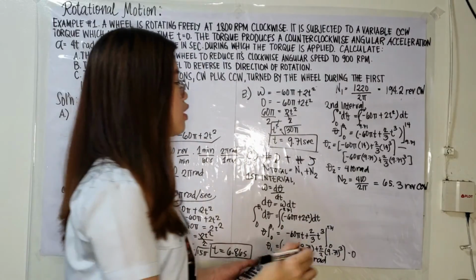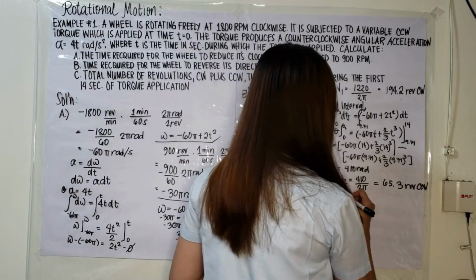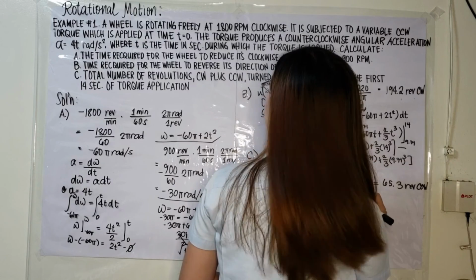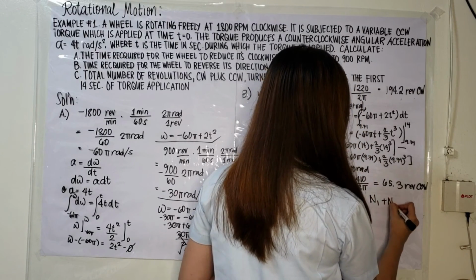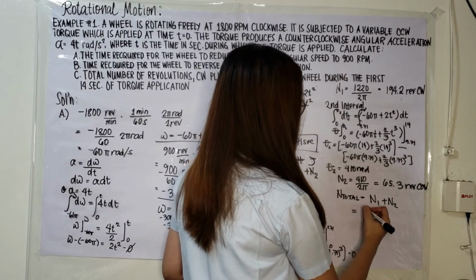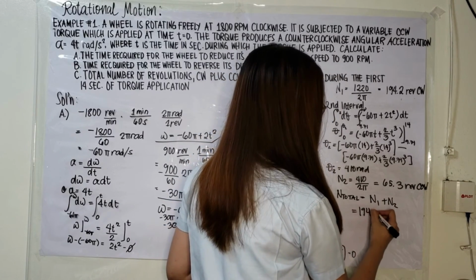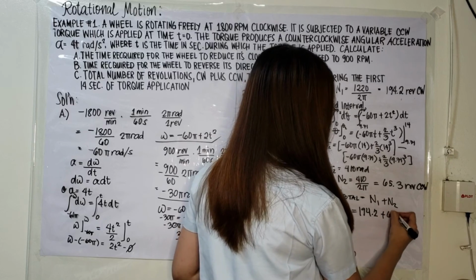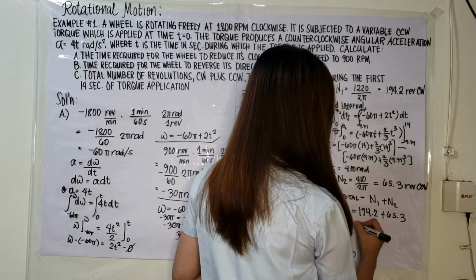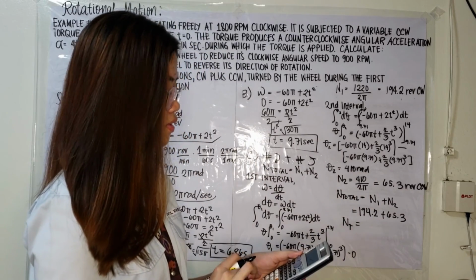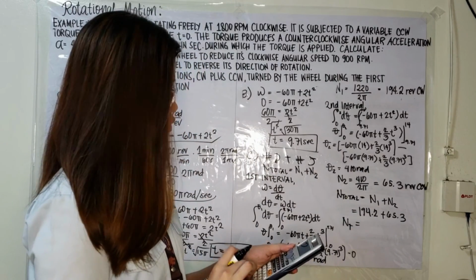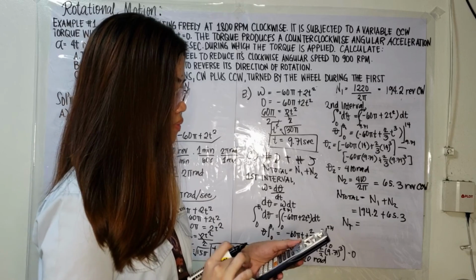Now that we have the N1 and N2, or the clockwise and counterclockwise revolutions, we can now solve for the N total, or the total number of revolutions, N1 plus N2. 194.2 plus 65.3. N total is 194.2 plus 65.3.